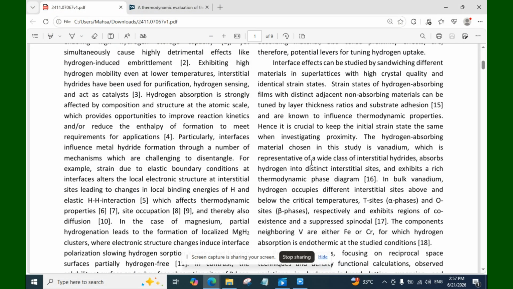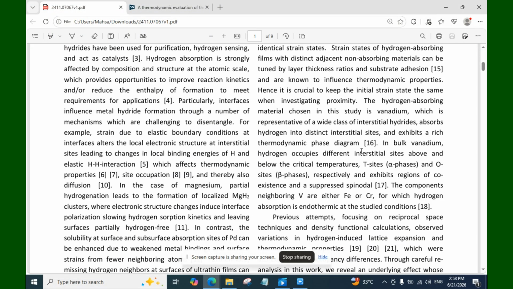The hydrogen absorbing material chosen in this study is vanadium, which is representative of a wide class of interstitial hydrides, absorbing hydrogen into distinct interstitial sites and exhibiting a rich thermodynamic phase diagram.